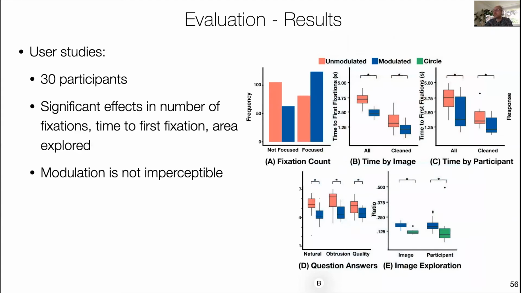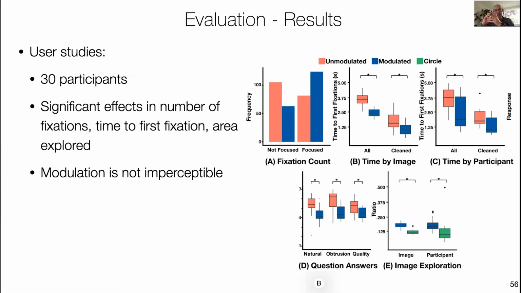But what we also wanted to look at is the target area. We can show that with our modulation, compared to a very naive augmentation, they still explored other image areas. Because what we saw in our study is if you, for example, put a rectangle there, which you can still do, and we also investigated this in our study, then the people only looked there, but maybe missed out other important information.